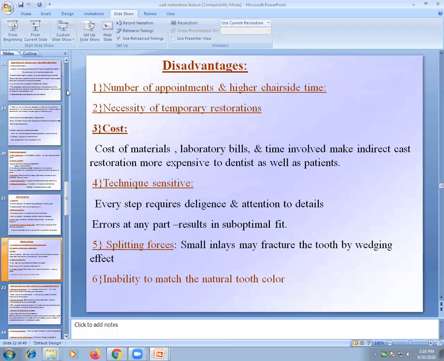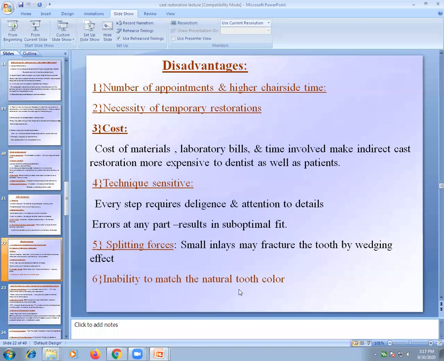If there is any problem in the cavity preparation or the restoration fractures, we can easily re-restore that tooth structure. But in case of casting, if there is any problem, we have to start again from the cavity modifications, then impressions, then casting. So it's very technique sensitive. Then it also has splitting forces and, most important, inability to match the natural tooth color.